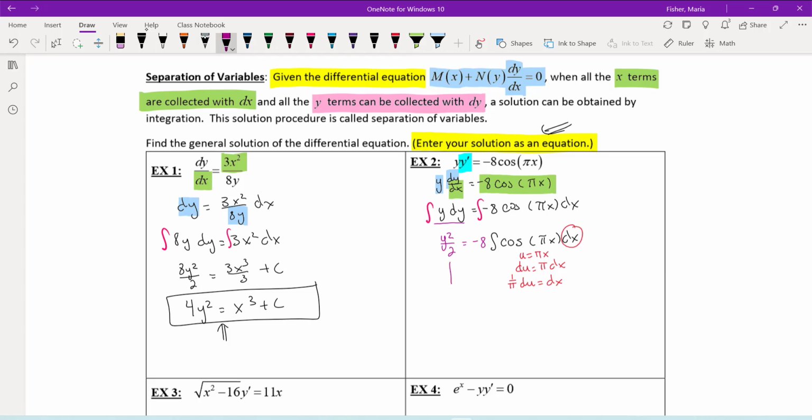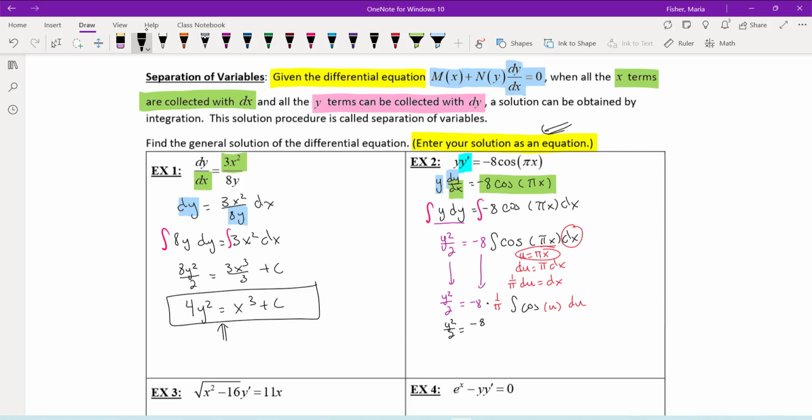Bring down your y squared over 2, and that's going to equal, don't forget about your constant multiplier of negative 8, and that's going to be times this 1 over pi times the integral of the cosine. Instead of pi x, I write u and then du. Well, the integral of the cosine of u du is the sine of u plus c, so we can write y squared over 2 multiplying negative 8 and 1 over pi.